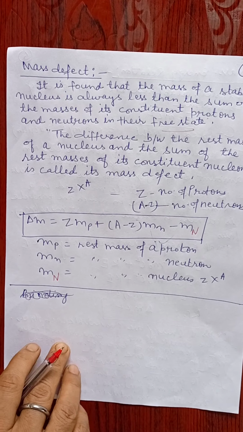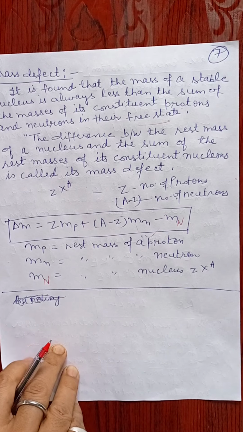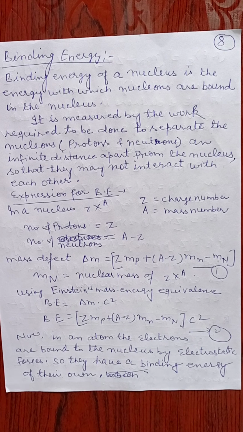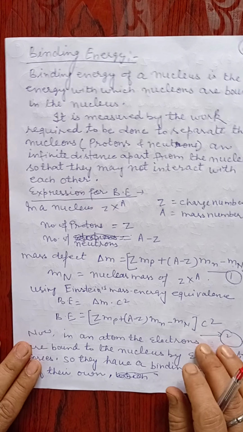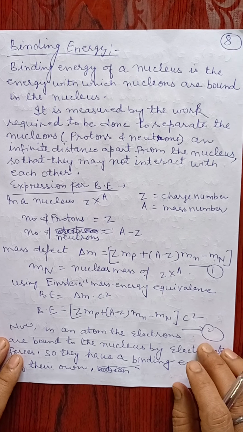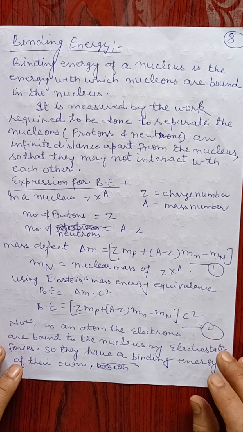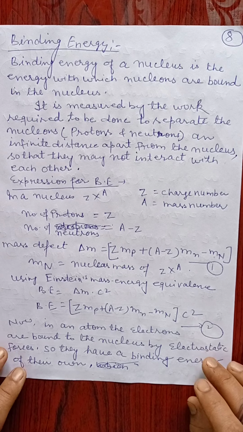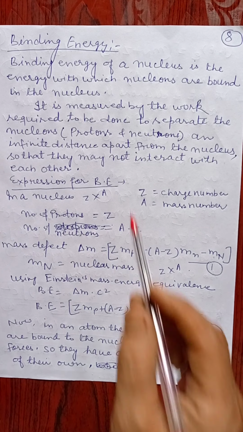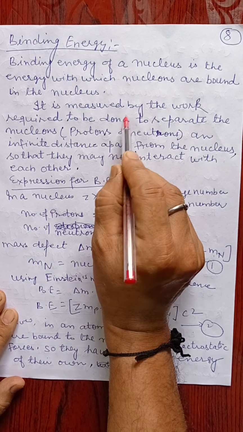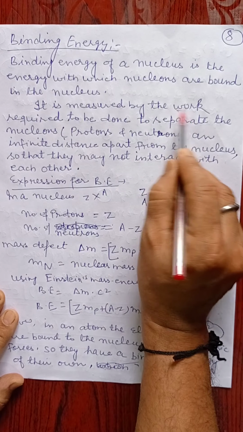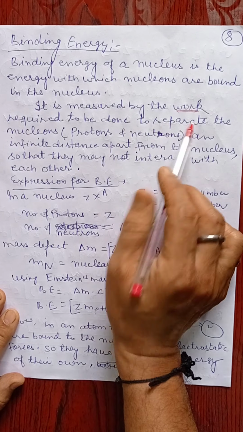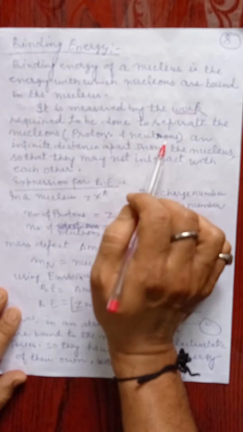Okay. Now we will discuss binding energy, and how to calculate binding energy if we know the mass defect. Binding energy is the energy of a nucleus with which the nucleons are bound in the nucleus. How do we measure it? It can be measured by the work required to separate the nucleons, protons and neutrons.